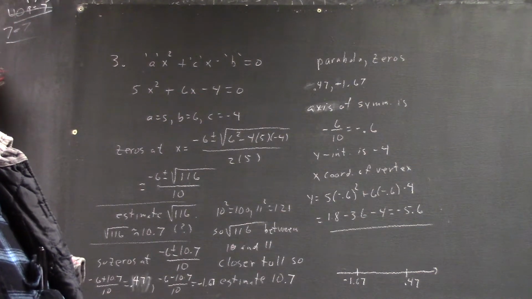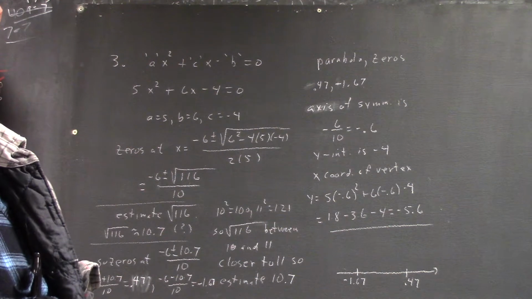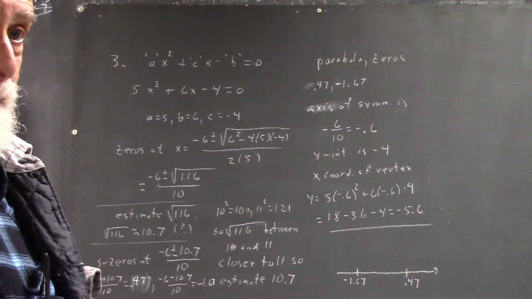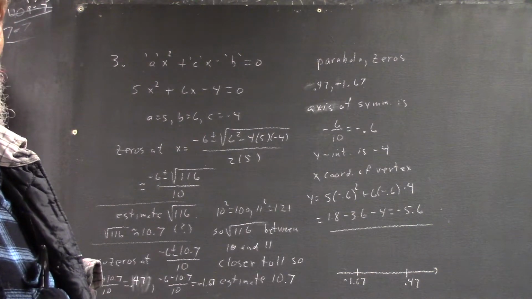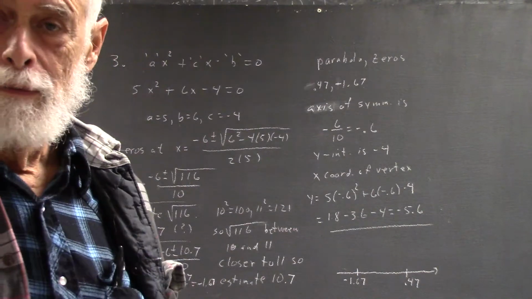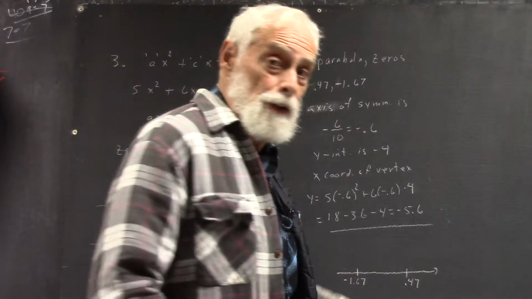It goes at 0. Is 0 closer to 0.47 or negative 1.67? You can always do a scale. You put -2, -1, 0, 1, 2, which kind of spans these numbers.